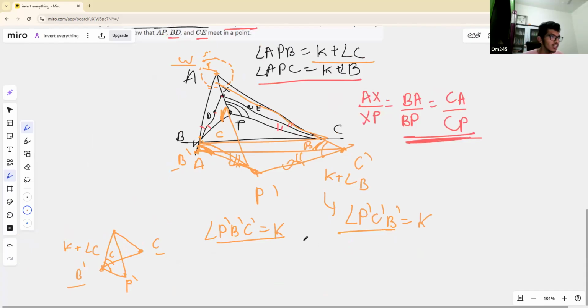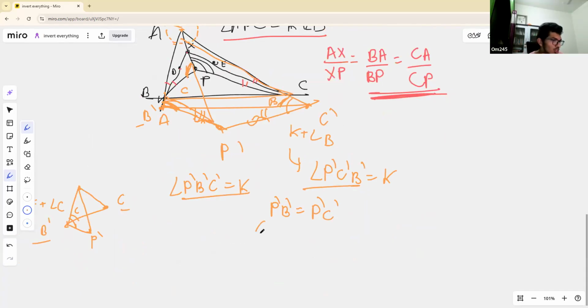So these two conditions imply that B prime C prime is equal to P prime C prime. Now by the length condition, this should be equal to BP into R square over AP into AB, and this should be equal to PC times R square over AP into AC.